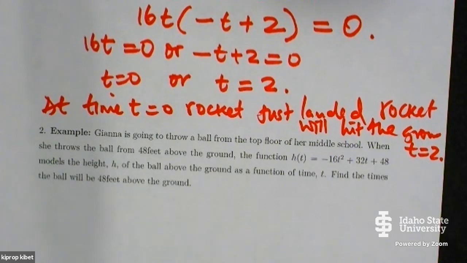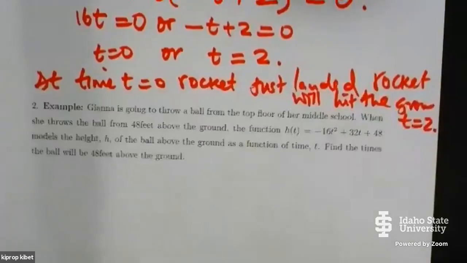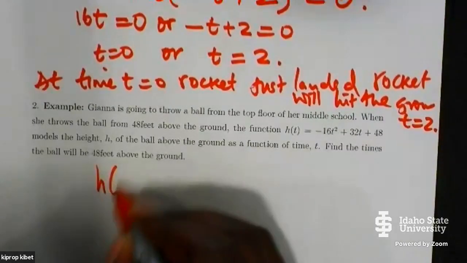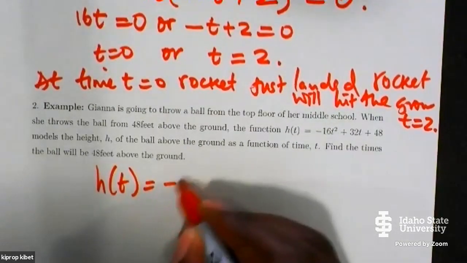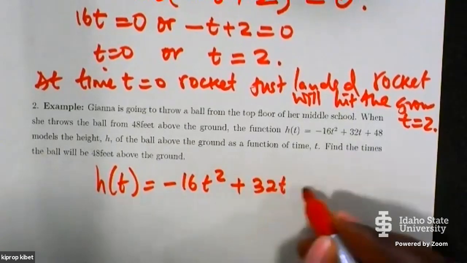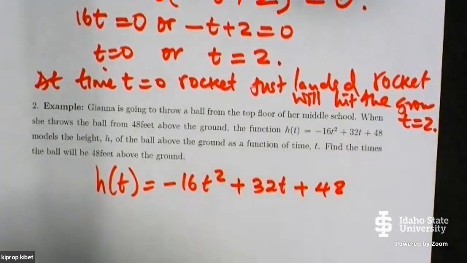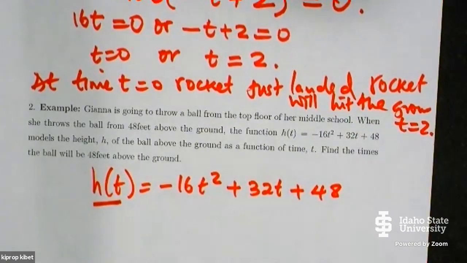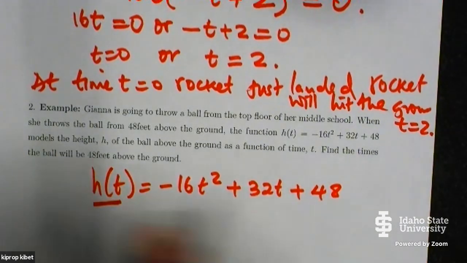The ground. So here we have h(t) = -16t² + 32t + 48. So this h here is a function of what? Function of time. So h is the height.